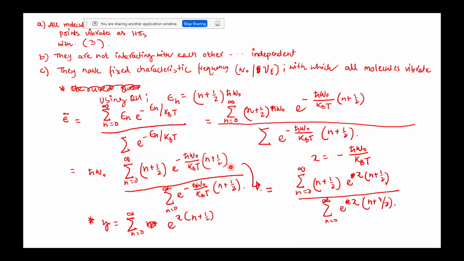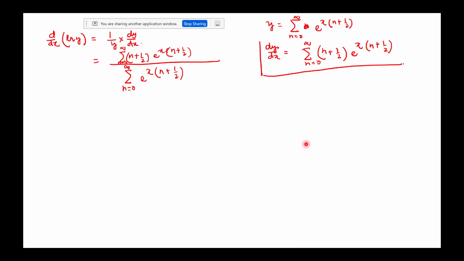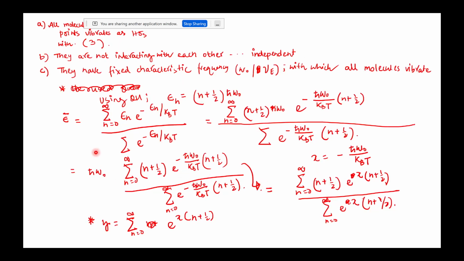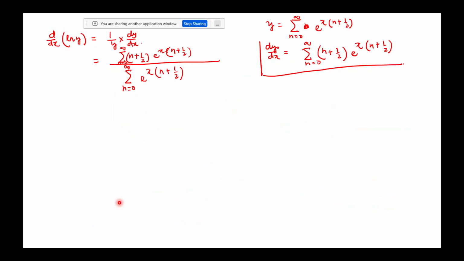So this is actually written in this thing. Then we can easily write E bar will be h cross omega naught times d/dx of ln y, right? So we'll write that here.